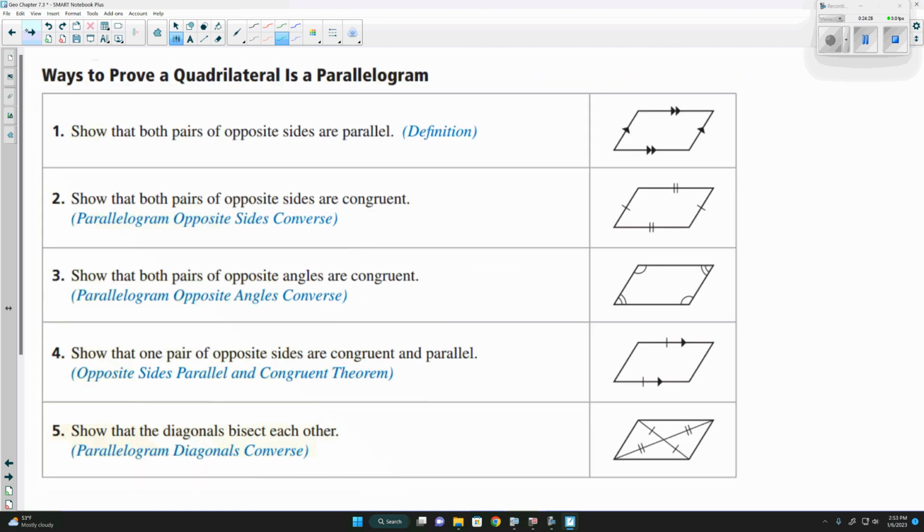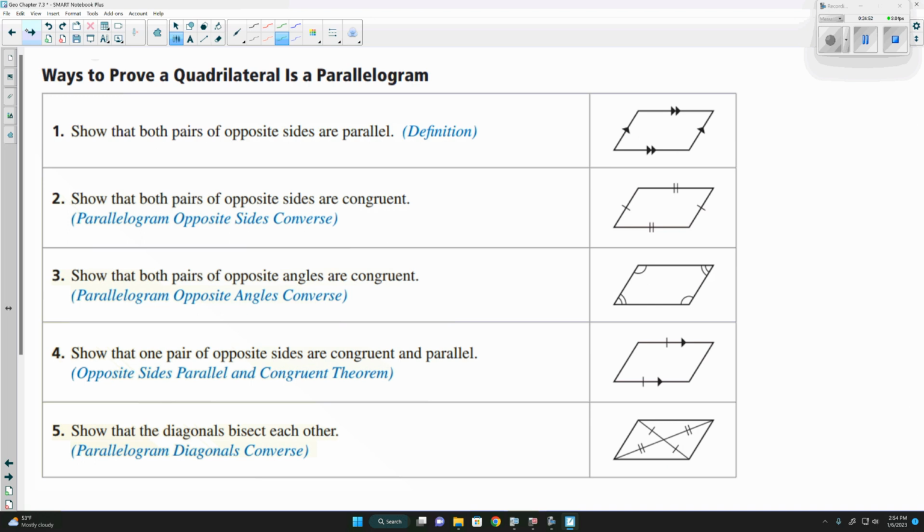So what we've learned so far with all these ways to prove a quadrilateral is a parallelogram are these here. The one is show that both pairs of opposite sides are parallel. That's the easiest way to do this, because by definition a parallelogram is a 4-sided figure with 2 sets of parallel lines. Now, if we could show that both pairs of opposite sides are congruent, then it has to be a parallelogram.